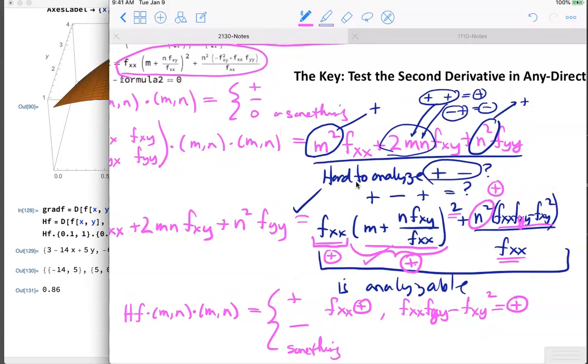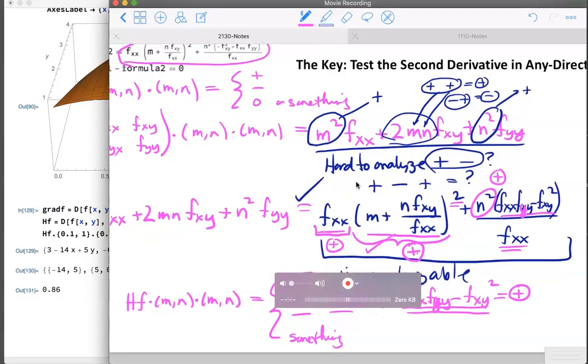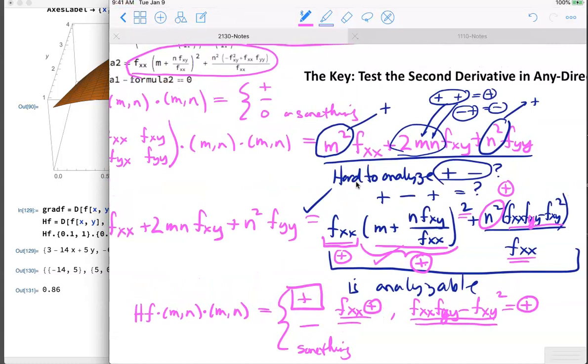So if the second derivative of the function with respect to x is positive, and this particular combination of the second partial derivatives is positive, then the whole second derivative in any direction is a positive number. And then you would know that the function is going to look like a paraboloid opening upward, in which case you would have a local minimum of the function.